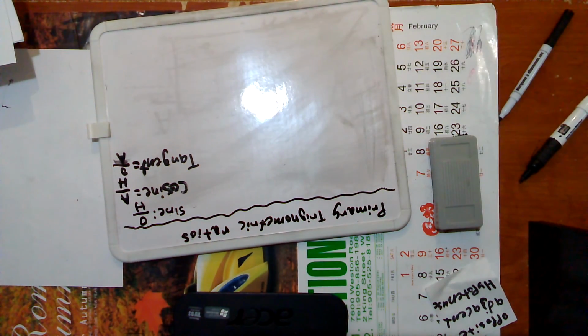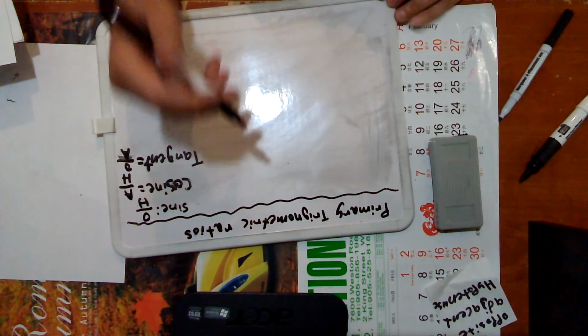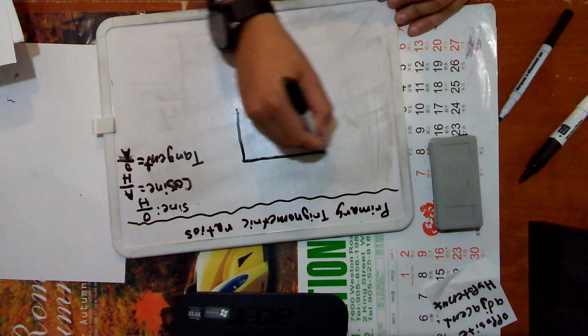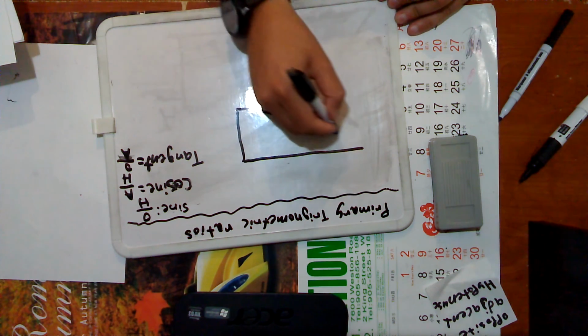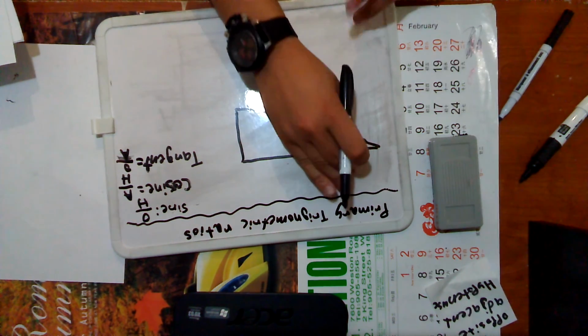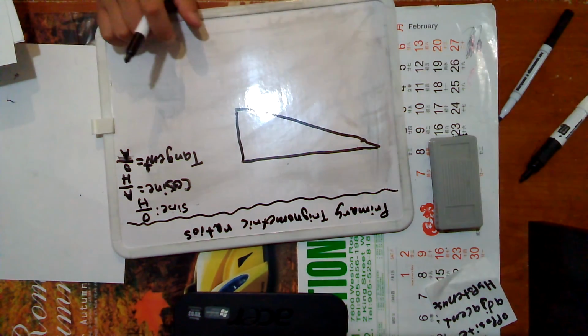So now let's say you have this triangle, more of a turned triangle from the other one. Let's make up dimensions.